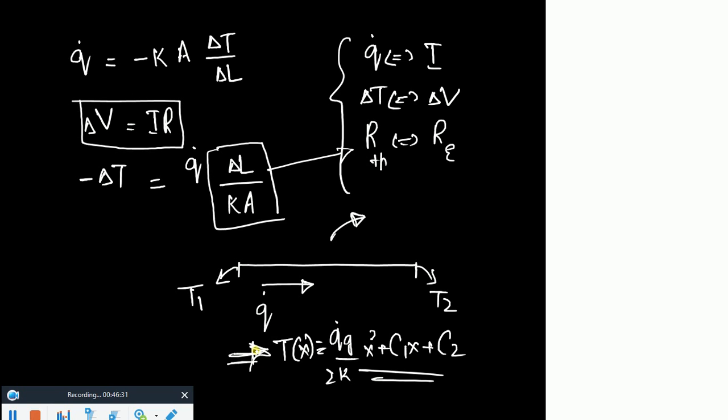So the concept of thermal resistance can be used for heat transfer phenomena if you have one-dimensional heat transfer, if there is no heat source involved in the phenomena, and the system is steady state.